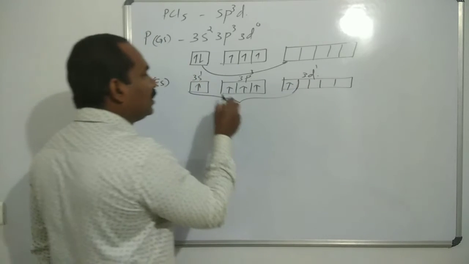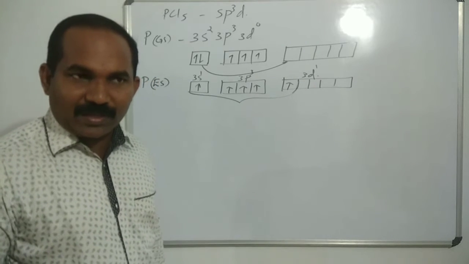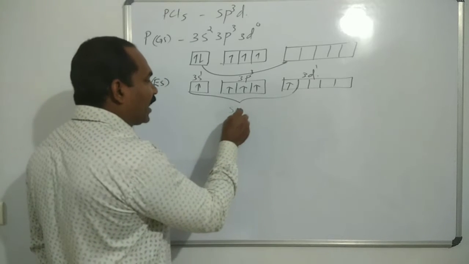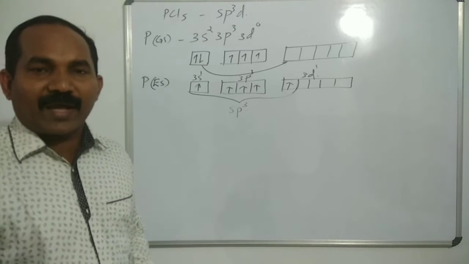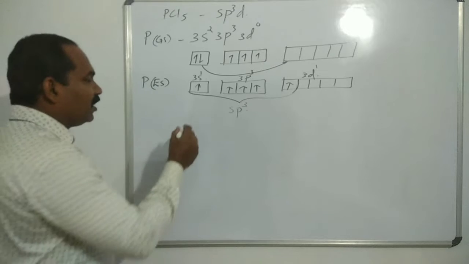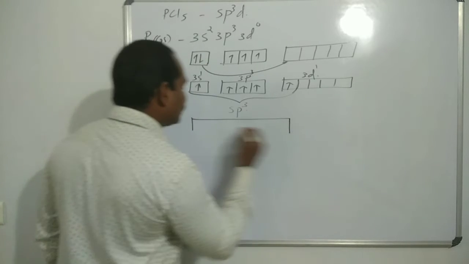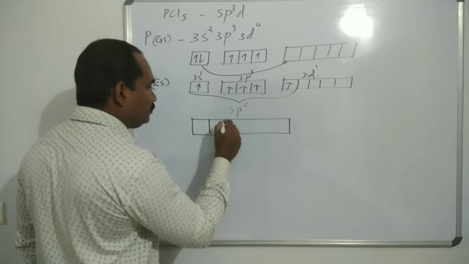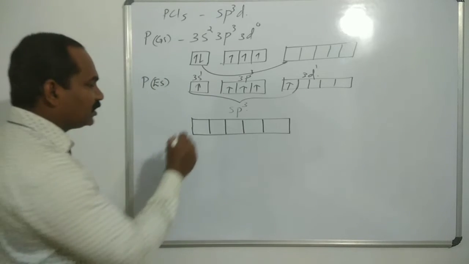Then the hybridization involves 1 s, 3 p and 1 d orbitals. What is hybridization? Intermixing of atomic orbitals. After the hybridization, we know that the orbitals have identical shape and equivalent energy.